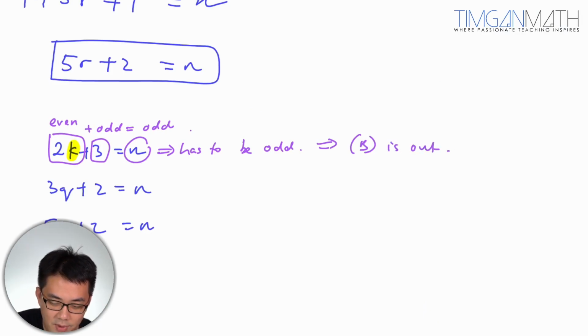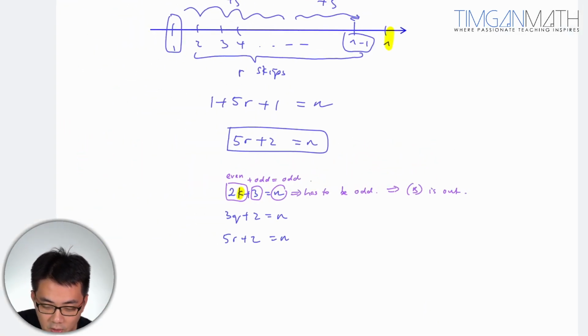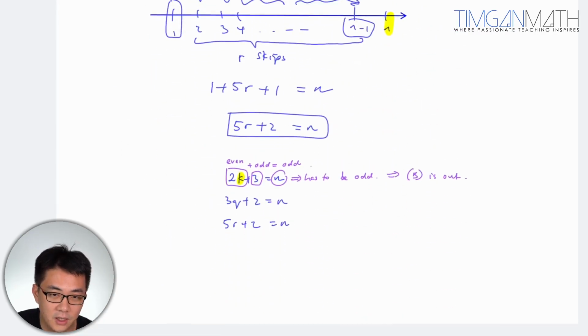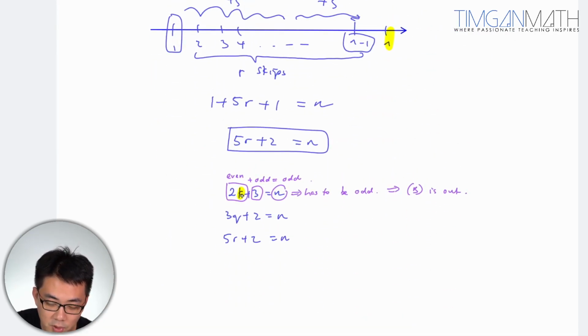Then if this is even, k can be any number. You could actually find any k which gives you any odd number within the first one. If you don't believe me, you can substitute any k: 1, 2, 3, 4, 5, 6, 7, 8.